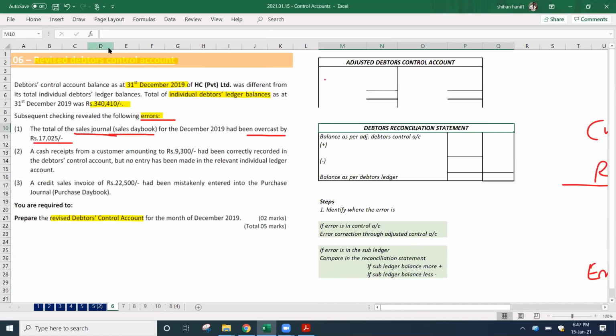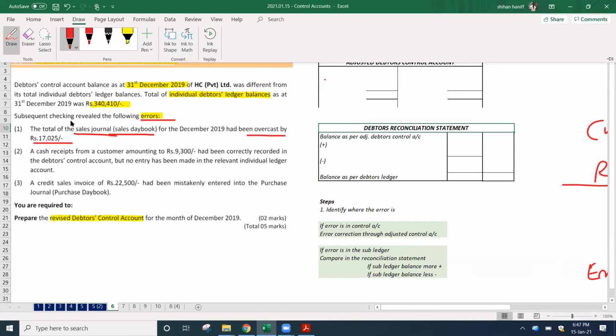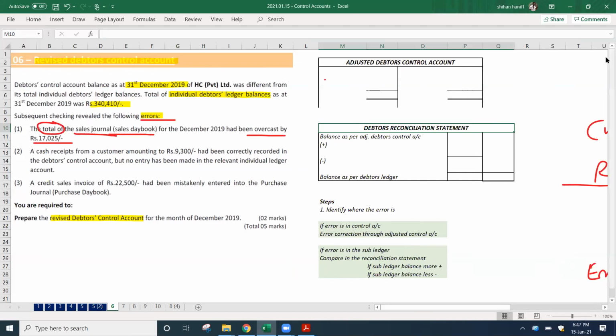If it is a total, we take the total to the control account, not to the individual accounts. So if the sales total is wrong, where do you record the sales? Sales is here. Debtors control account debit.